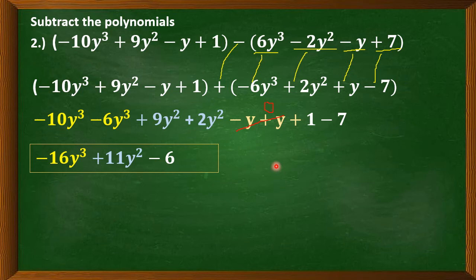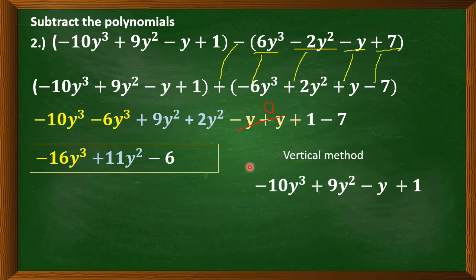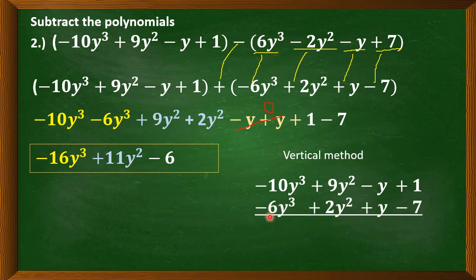Subtracting it vertically, we have to copy the minuend, negative 10y cubed plus 9y squared minus y plus 1. Then we have to change the sign of every term in the subtrahend. So we have here negative 6y cubed plus 2y squared plus y minus 7. And of course, we're going to apply the rule in addition of polynomials.